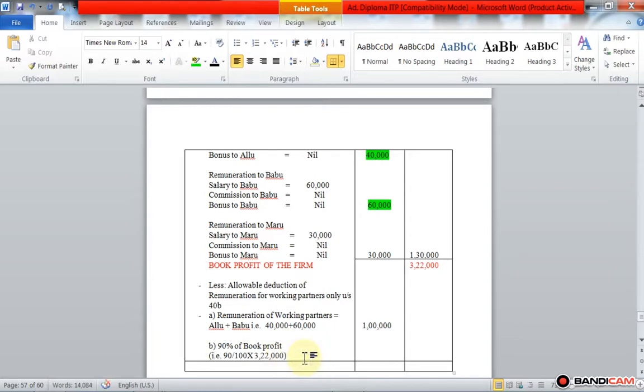We get the allowable deduction from these two, whichever is lower or whichever is less.